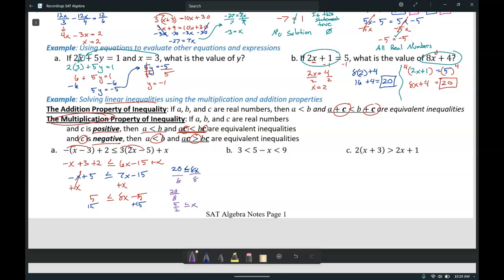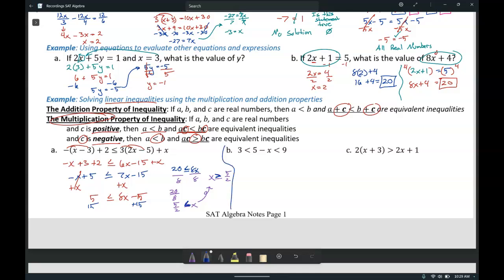Now we have to remember that with inequalities, the order needs to make sense. So oftentimes we rewrite the inequality so that the variable is on the left side. We'll flip it and say x is greater than or equal to 5 over 2. Notice how it's open towards the x and it remains open towards the x.